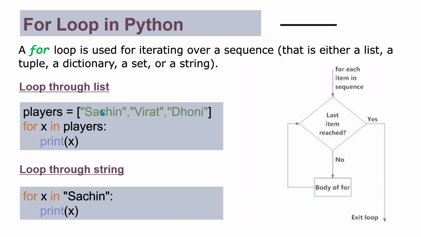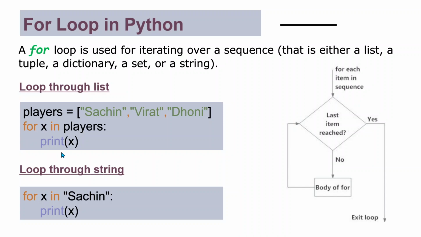In this example, first it will go to Sachin, then Virat, and then Dhoni. Once the last item is reached, there is a decision: if the last item is reached, then yes, it will exit the loop. If the last item is not reached, it will execute the body and keep executing until the last item is reached. So this is the workflow of a for loop.